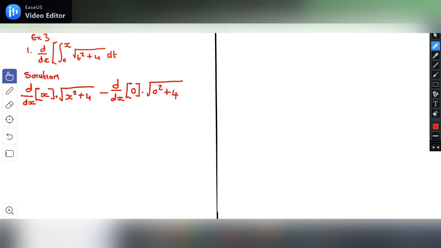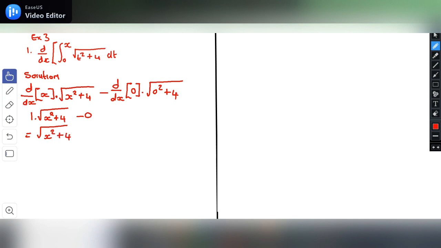The derivative of x is 1. Multiply by the function that we have, which is the square root of x squared plus 4. Therefore, minus the derivative of 0, which is 0. So we're going to have 0, meaning the final answer is the square root of x squared plus 4.